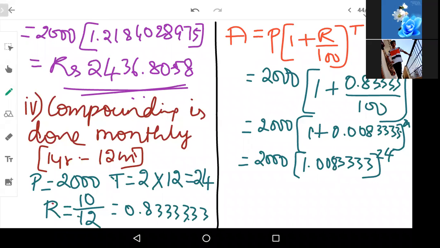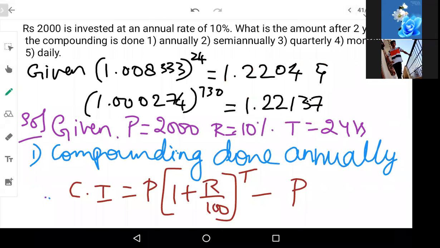Yeah, now it's right. Now going back to the question here. Now if you see 1.008333 to the power 24, they have given us the value, because multiplying 24 times doesn't actually make sense. So you'll have certain log tables where you can find the values, but for you they will give the values directly like this in the question. Okay, so consider this value 1.2204.